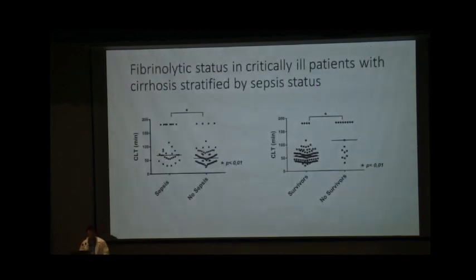So this basically shows the fibrinolytic status in the critically ill patient with cirrhosis, which was stratified by septic status. In patients who were having sepsis, there was an increase in the clot lysis time. Similarly, in the non-survivors, there was an increase in the clot lysis time.